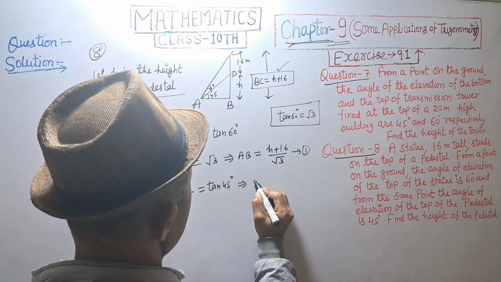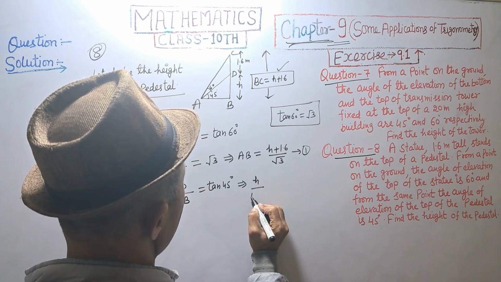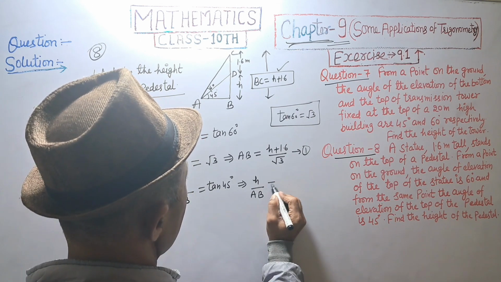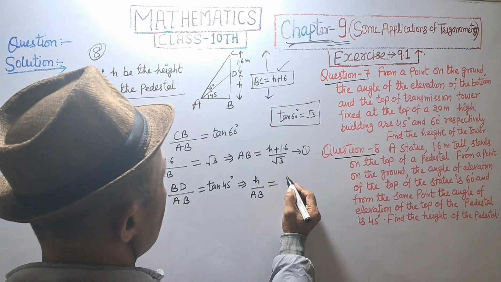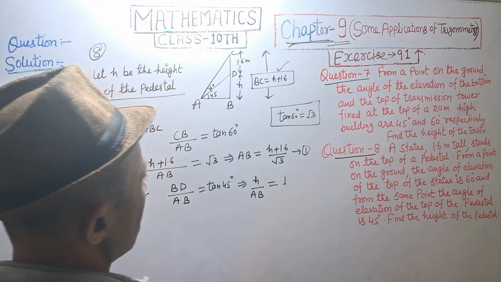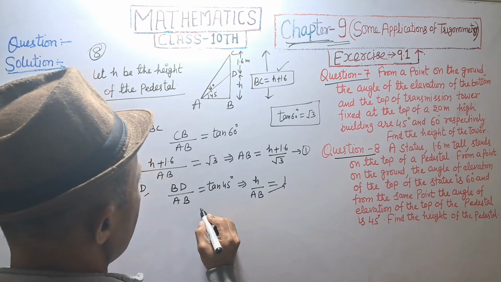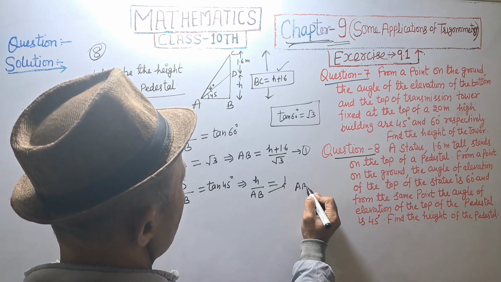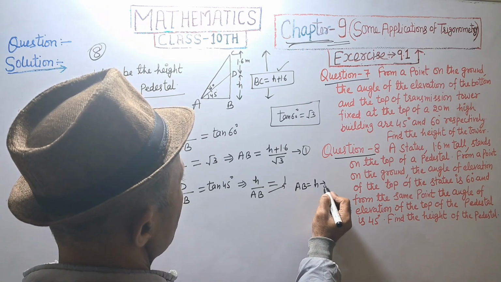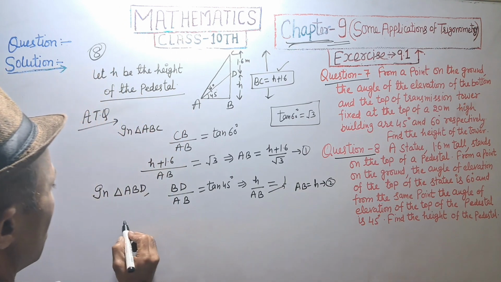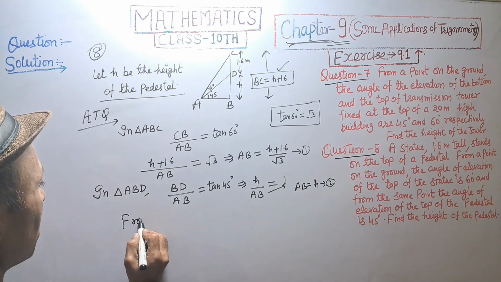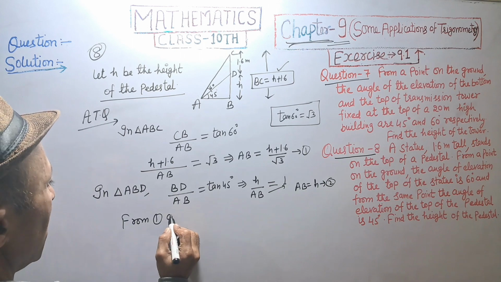This implies h upon AB is equal to 1. AB multiplying on the right side, so we get AB is equal to h. It's equation number second.